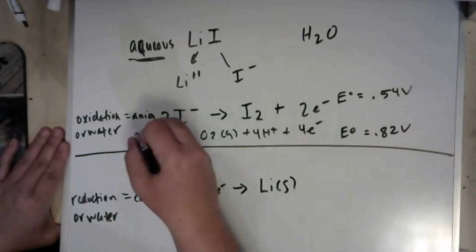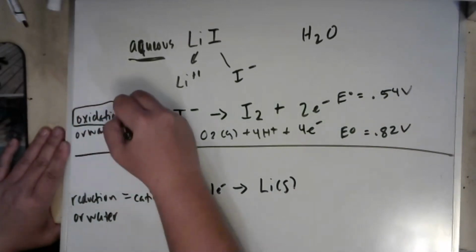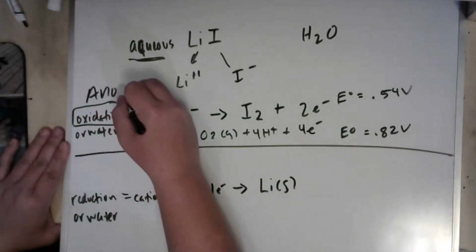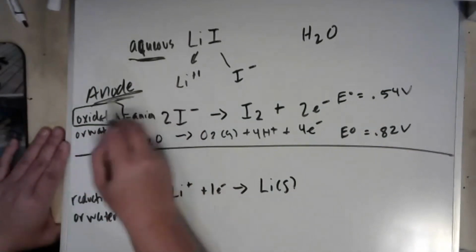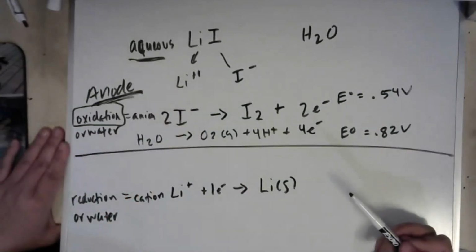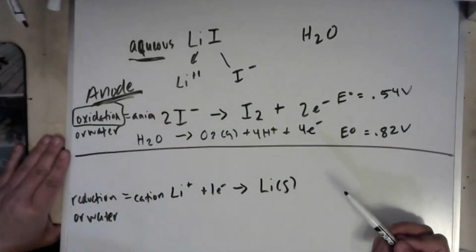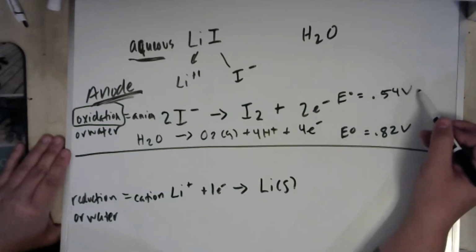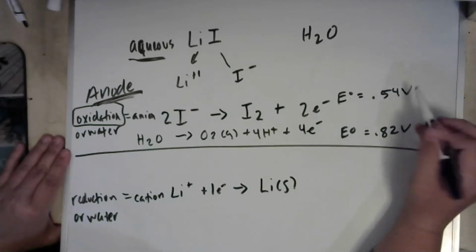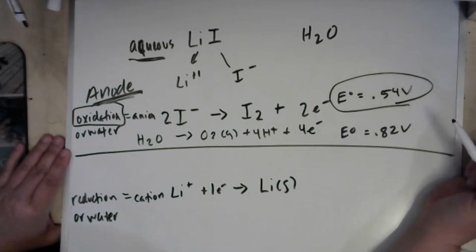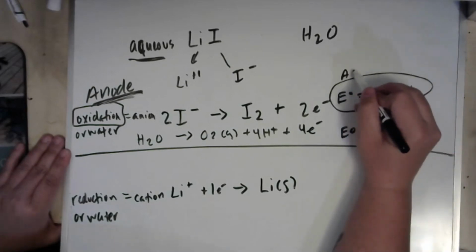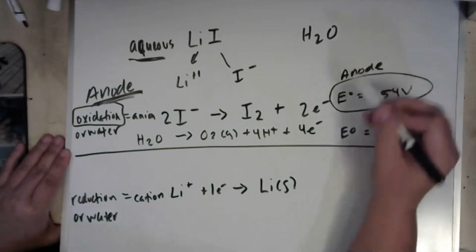So for the oxidation portion of it, that's occurring at the anode, we're looking for the more negative value. That's what's going to occur at the anode. So when we compare the iodide to the water value, this value is more negative. So this is going to be happening at the anode.